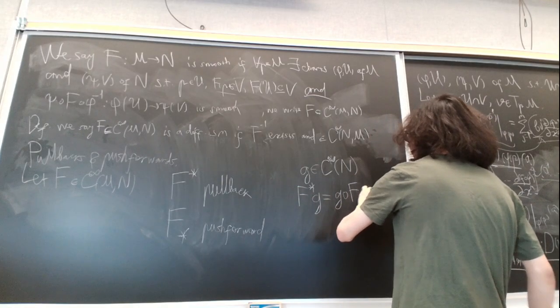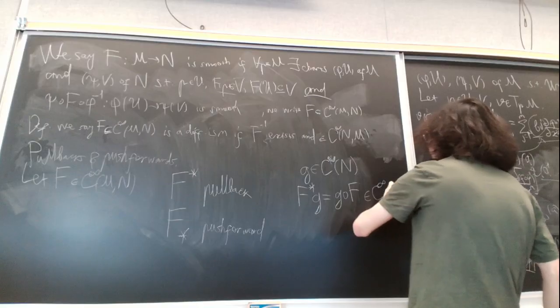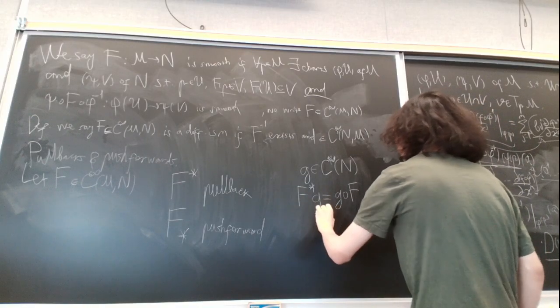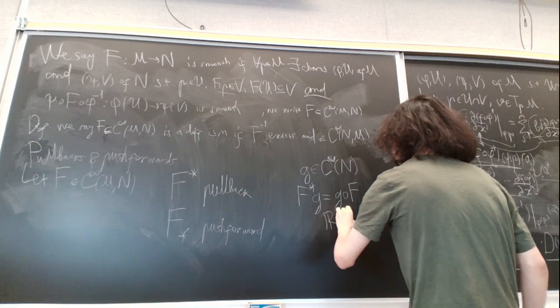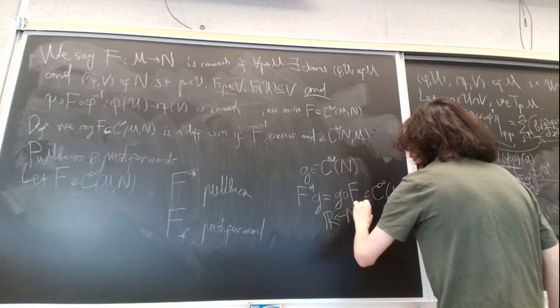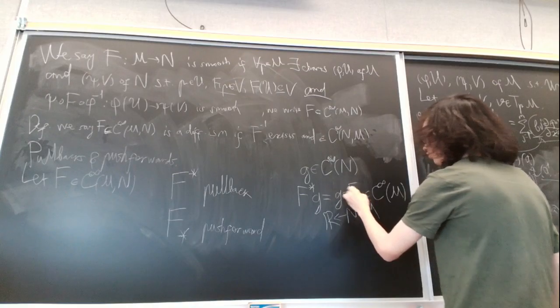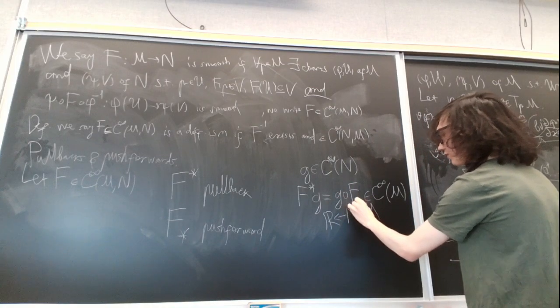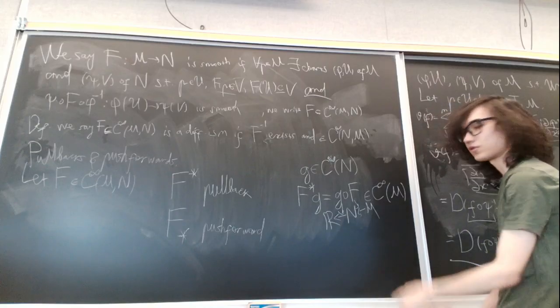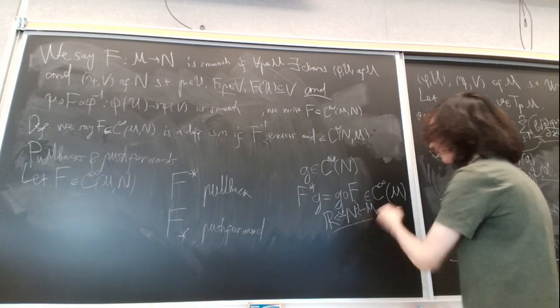And this is going to be a smooth function on M, right? Because this goes from M to N by f, and then from N to R by g. So in total, this is a map from M to R.